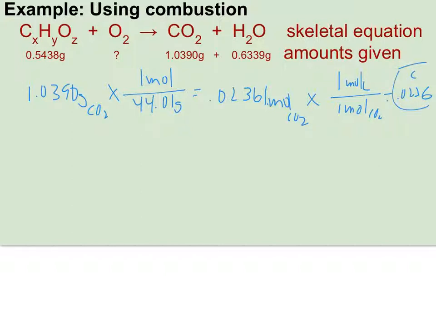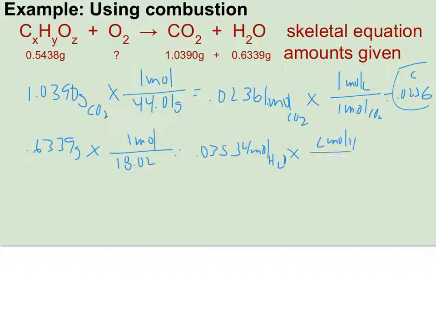If I do the same thing with the H2O, 0.6339 grams of H2O, 1 mole of H2O weighs 18.02 grams. So this is really 0.03534 moles of H2O. But now in this case, I get 2 moles of hydrogen from each mole of water.